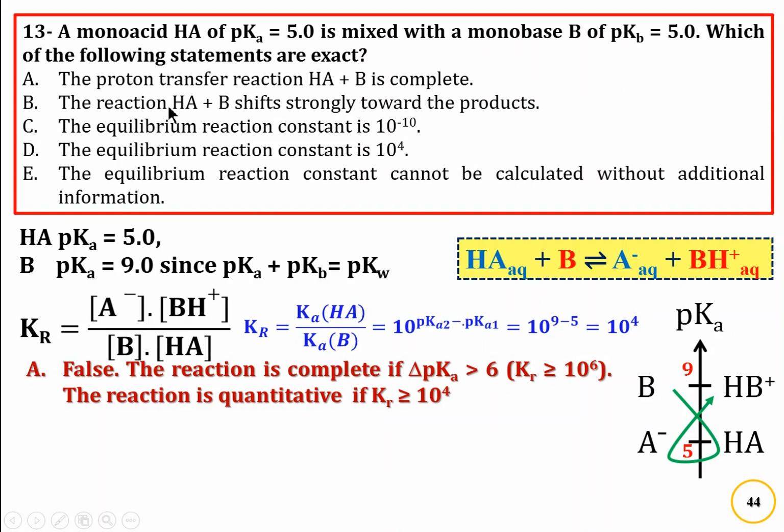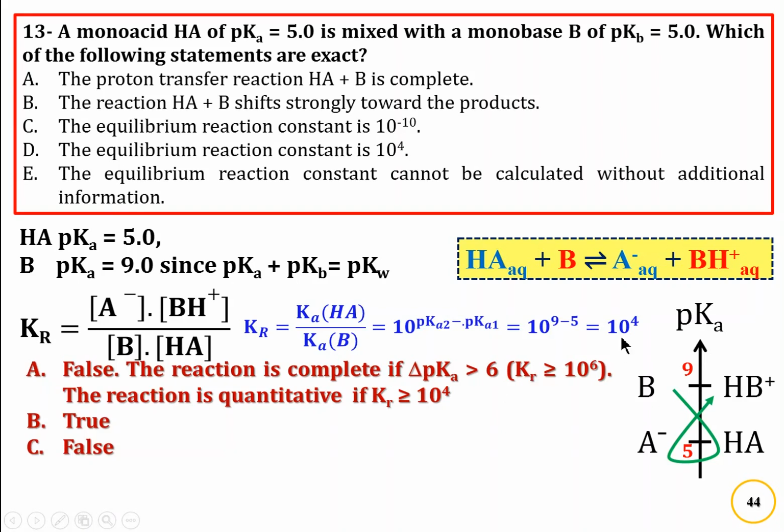B, the reaction HA plus B shifts strongly towards the product. This is true since the reaction is advanced and is practically quantitative since Kr is equal to 10 to the power 4. C, the equilibrium constant is 10 to the power minus 10.